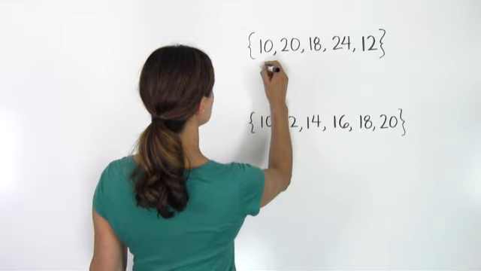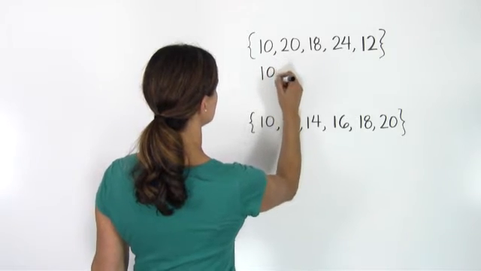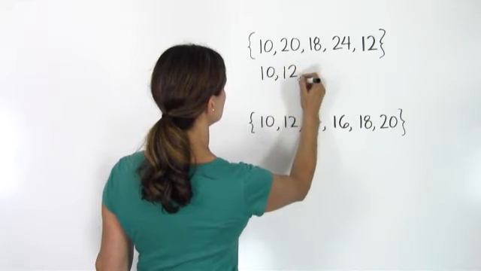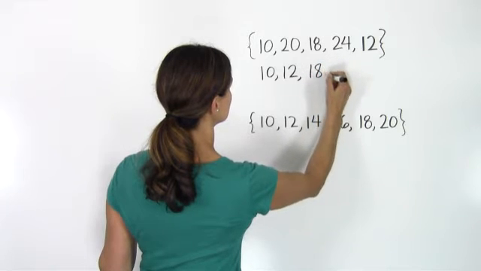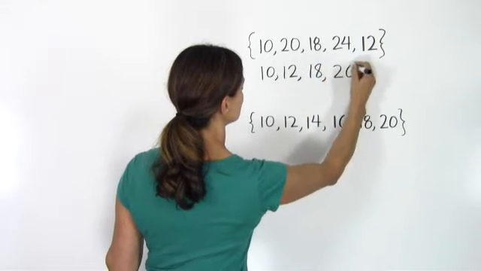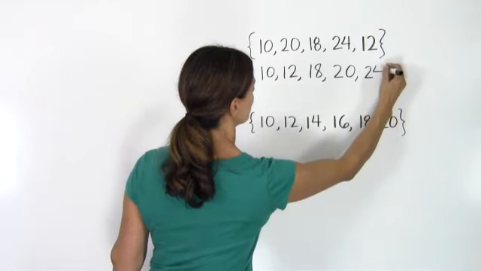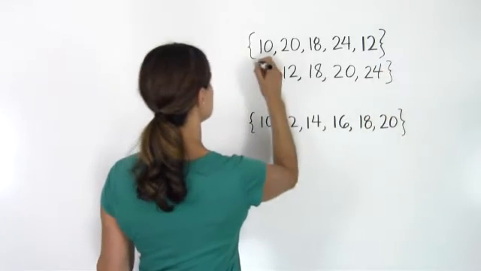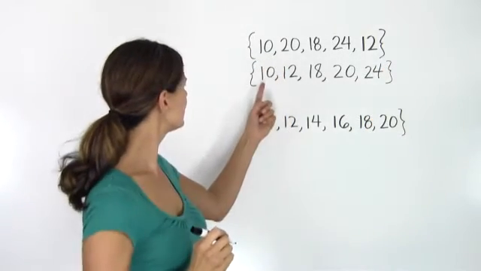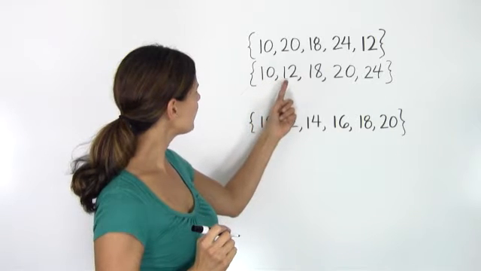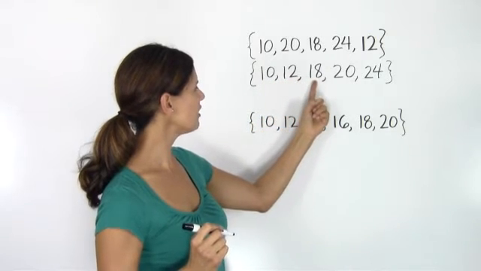So I need to rewrite this as 10, 12, 18, 20, 24. And then take a look at my set. So I want to go over and find the middle value.